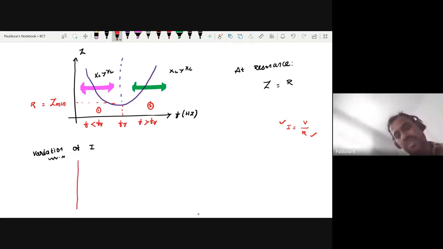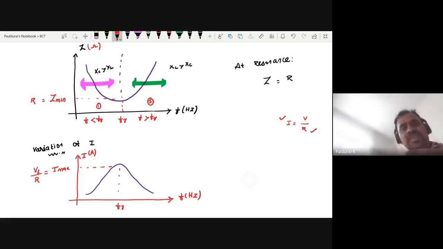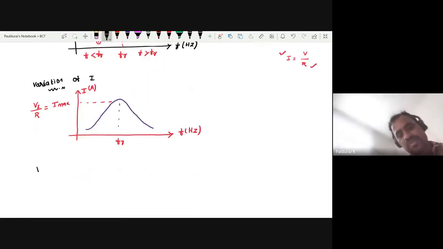So if we sketch the curve for current I in terms of ampere, at resonance you will get the maximum current, and this current is given by the applied voltage divided by R.